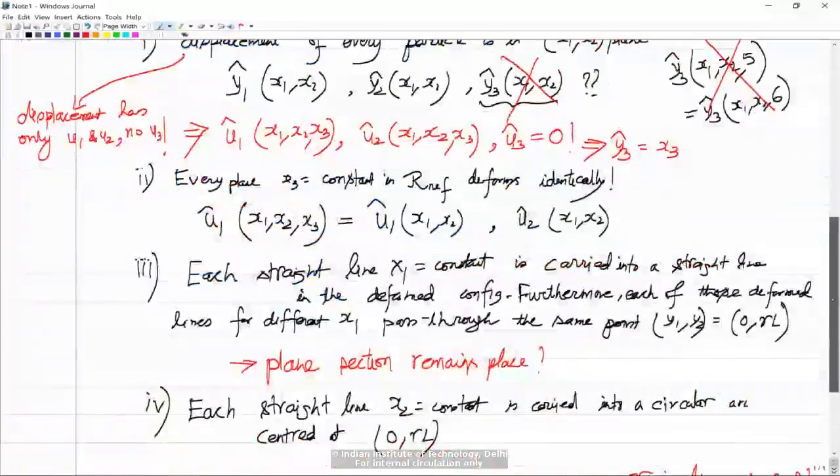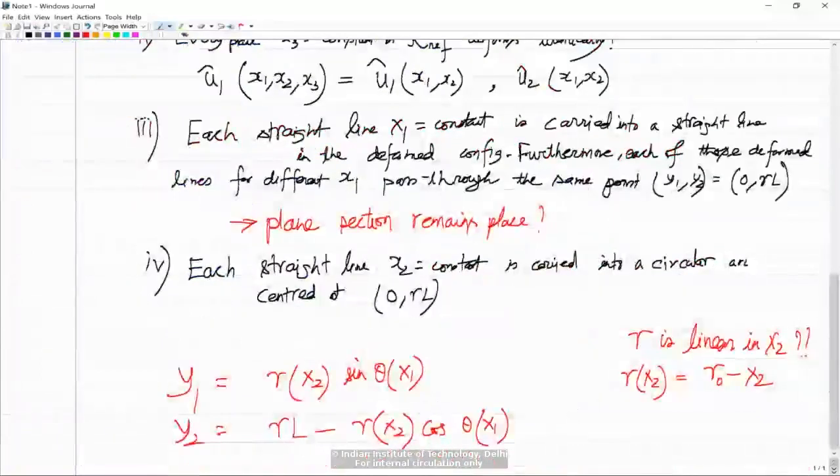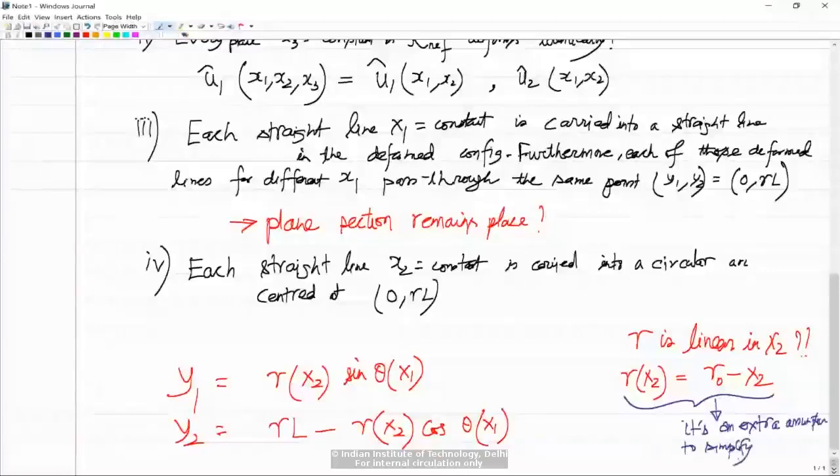So for a finite bending, this is just an assumption. This is actually an extra assumption which is not there in any of those four assumptions that I have listed here. It is an extra assumption to simplify the problem. But now, because you are master's students or PhD students, you should see that this is an assumption. It is not a reality.